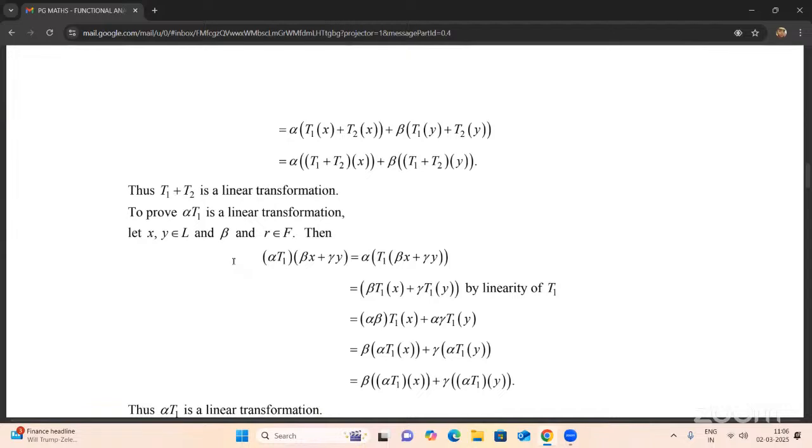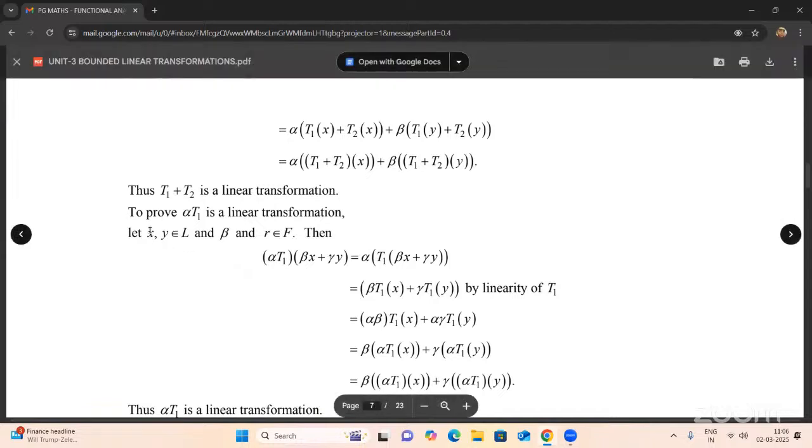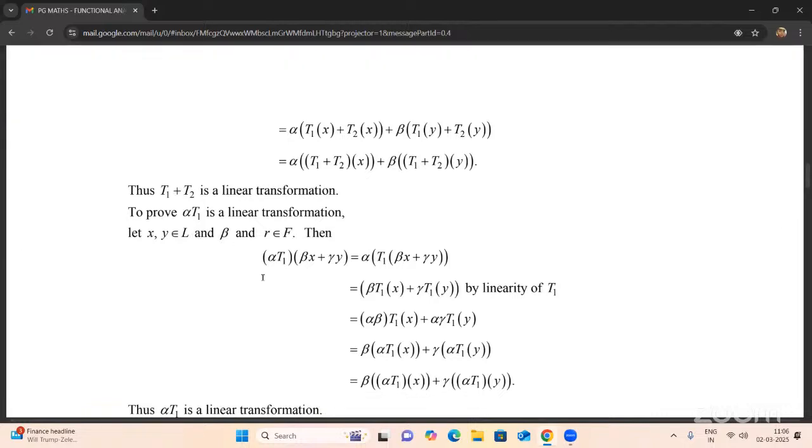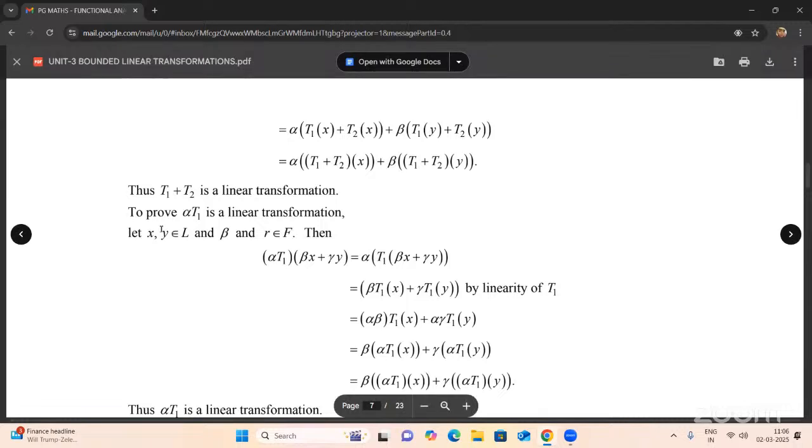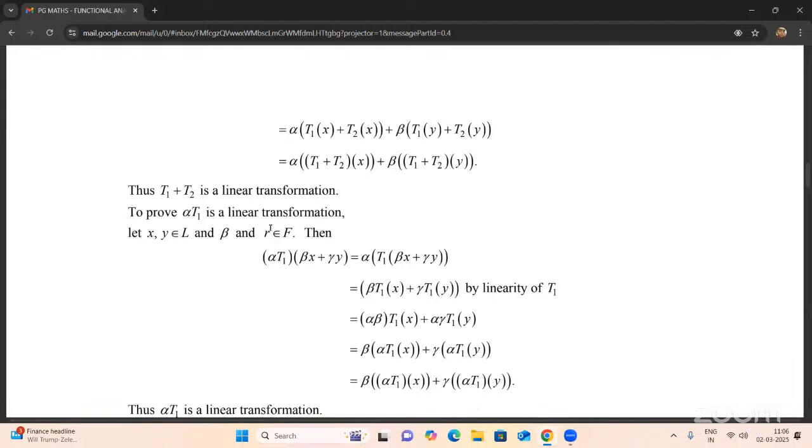And the scalar multiplication: we are taking any two elements in the real linear space, and beta being the scalar, alpha T1 of beta x plus gamma y. This is gamma, beta and gamma, this is not R. Students, please rectify this mistake. This is gamma, gamma being one of the scalars. Beta and gamma, there are two scalars here.